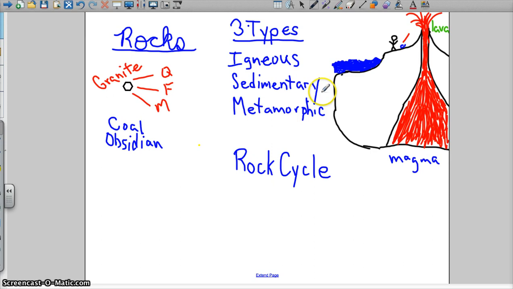Now, sedimentary rock is when pieces of sediment become pressed together. Here on the surface you have sediment, materials, and it's more obvious when you get to oceans or lakes. Here we have a little lake. At the bottom of these oceans and lakes, you're going to have sediment that falls down. And as it falls down time after time, it gets pressed downward.